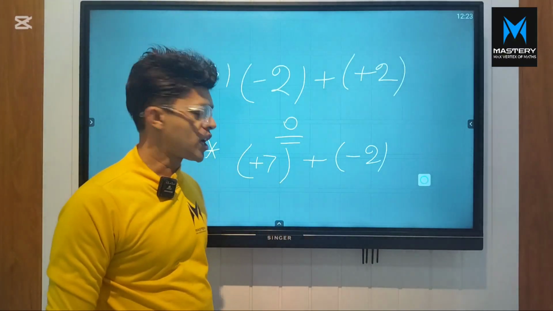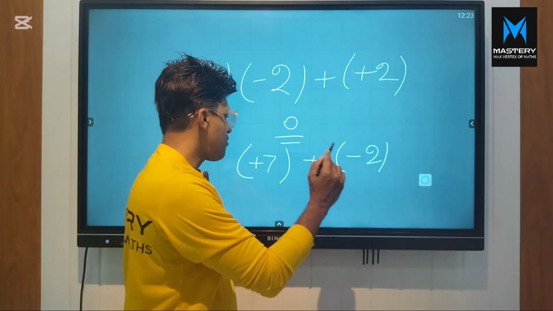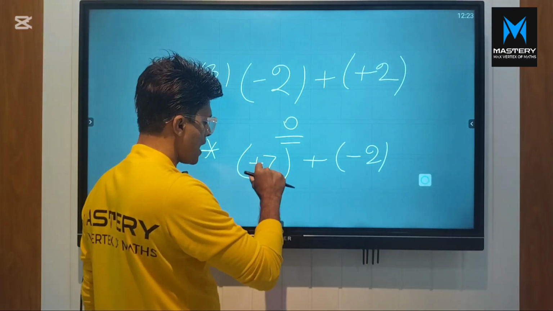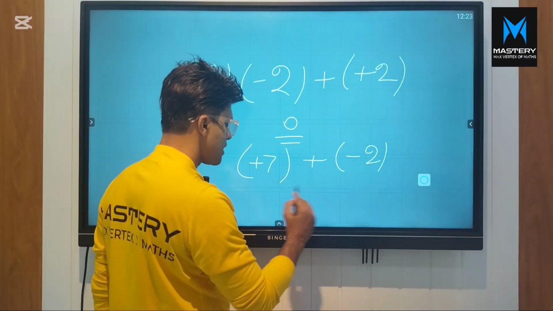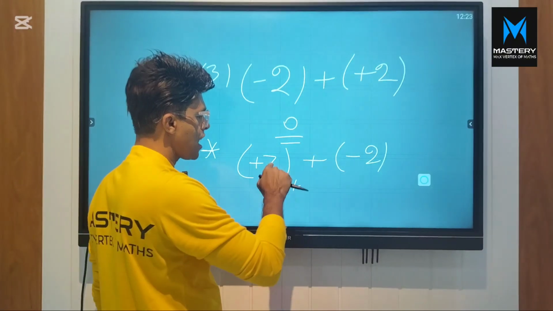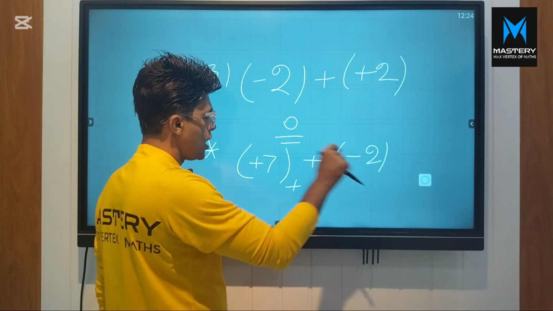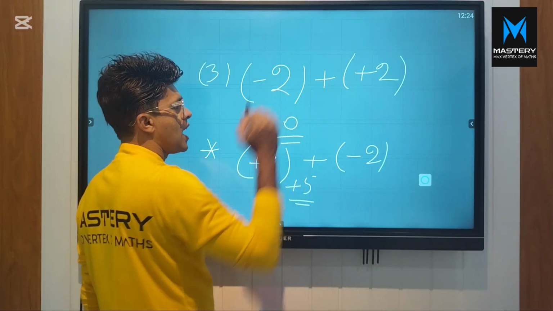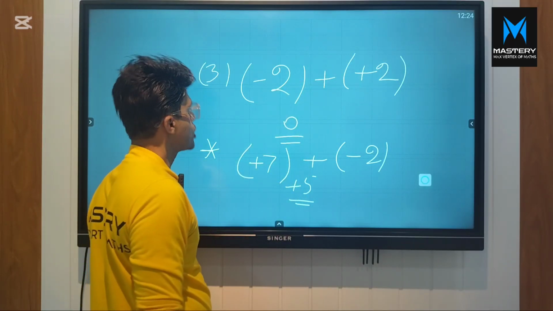How do you do this question? Here plus 7 minus 2. The greater value is positive, so the sign is positive. Then you need to subtract 2 from this 7. 7 minus 2 is 5. The answer is 5. Anyway, the answer here is 0.